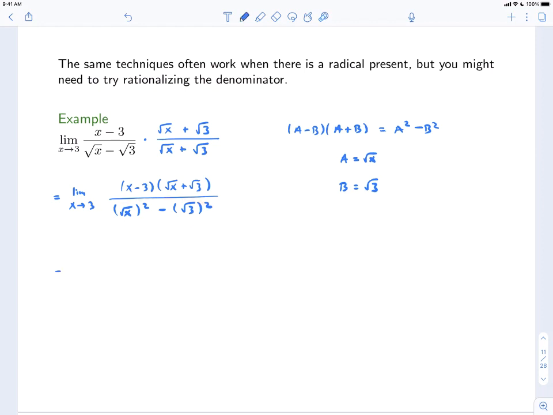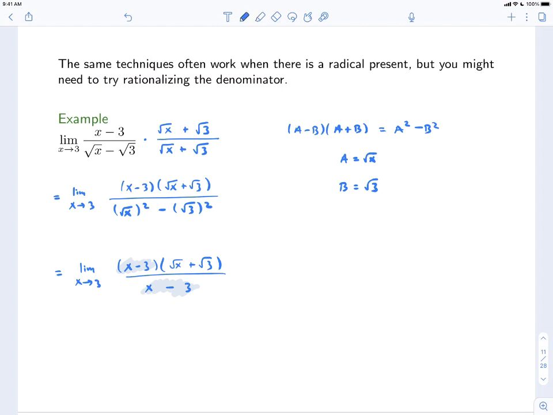So we're going to have the limit as x approaches 3 of, well, the numerator, we don't do anything to it yet, square root of x plus the square root of 3. In the denominator, we have the square root of x quantity squared is x minus the square root of 3 quantity squared is 3. And now we see that yes, there is an x minus 3 in the numerator and in the denominator.